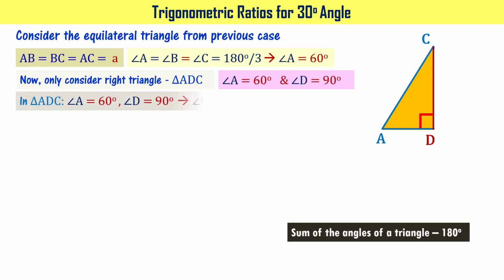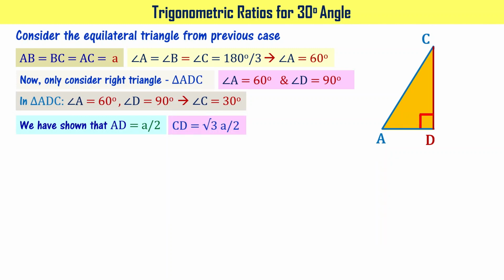It means angle C is going to be 30 degrees, right? We have already shown that AD equal to small a by 2 and CD equal to root 3a by 2, right? Let us consider now acute angle C equal to 30 degrees such that we can write trigonometric ratios for 30 degrees angle.